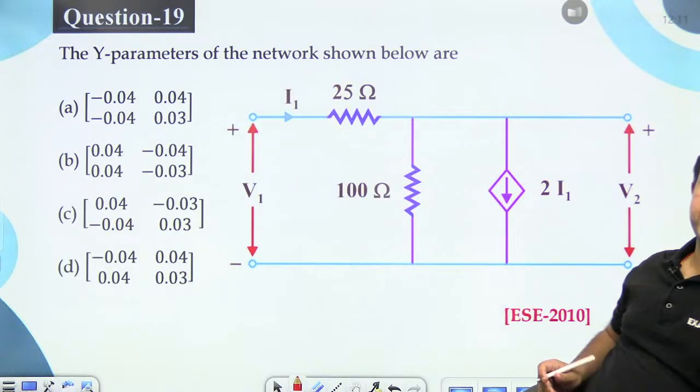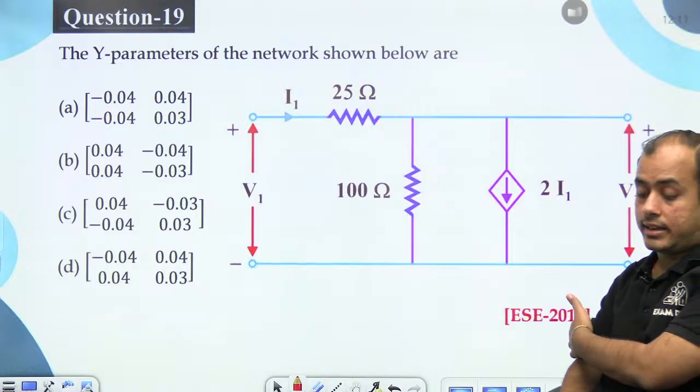Y parameters of this network, ESE 2010 again.